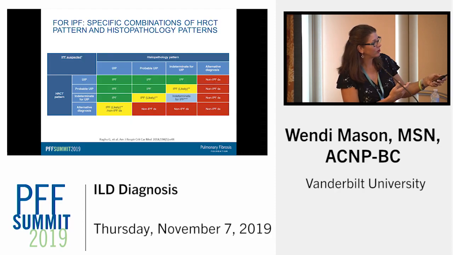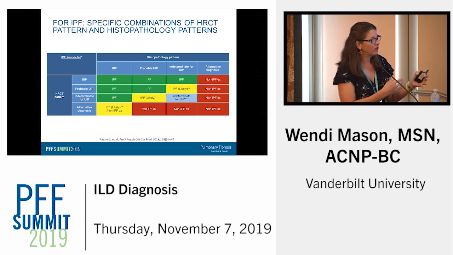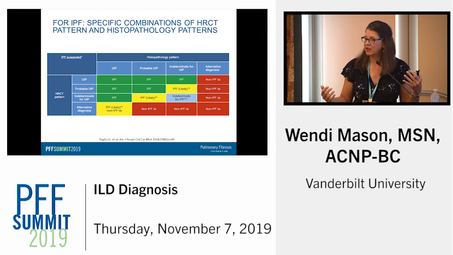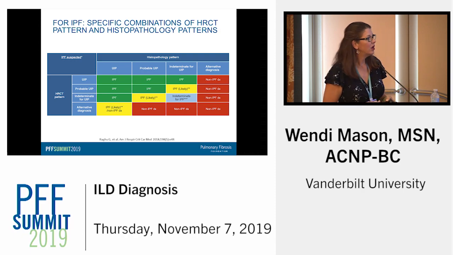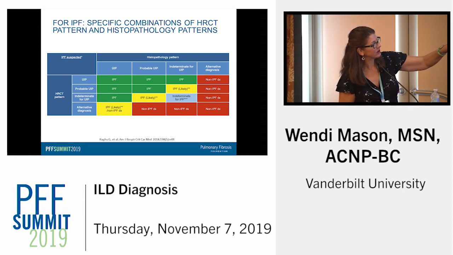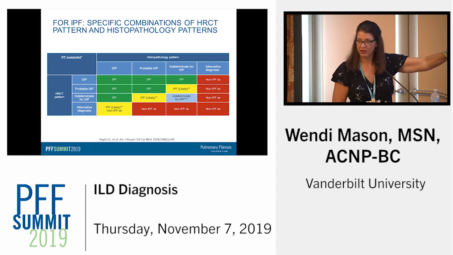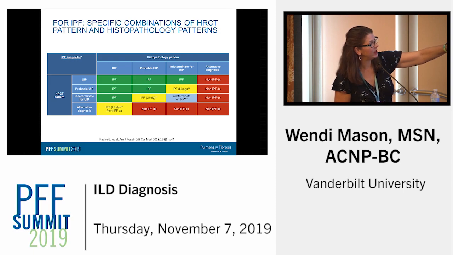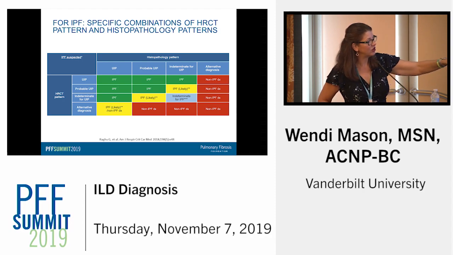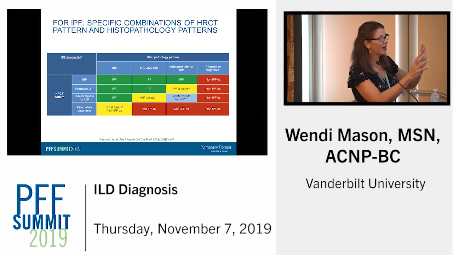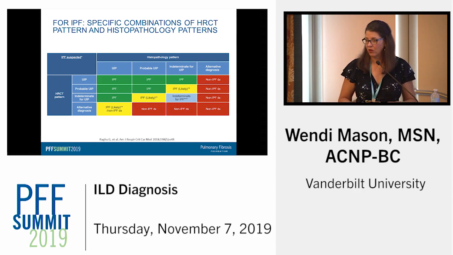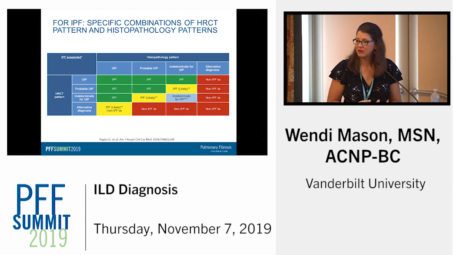And here's that chart I was talking to you about. So while this is a nice thing to have, it's not set in stone, certainly, all right? But we're looking across the top. That top section is our pathology findings of UIP, probable, indeterminate, and then we've got our CT patterns of UIP. So if you match these two together, then you get your diagnosis in the middle. A lot of times we don't have to use this anymore because we have our CT scan, and in most cases, CT is your final thing.